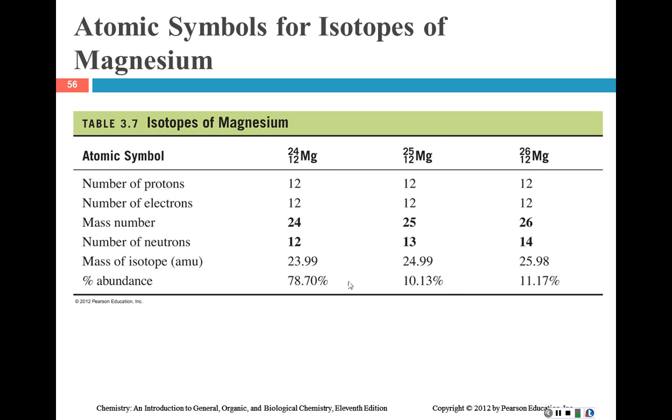Now, when you look at the periodic table, you will see a mass of around 24 for magnesium. And so what they do is they look at the different isotopes that can occur, and then they look at how much of each type there is, and they come up with something called a weighted average.